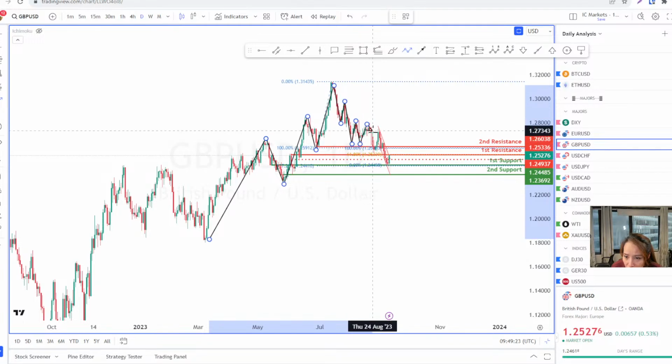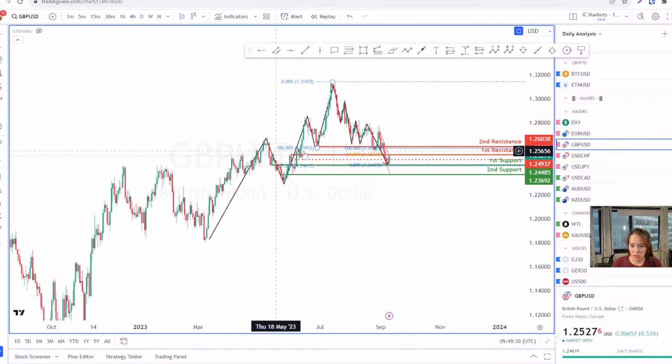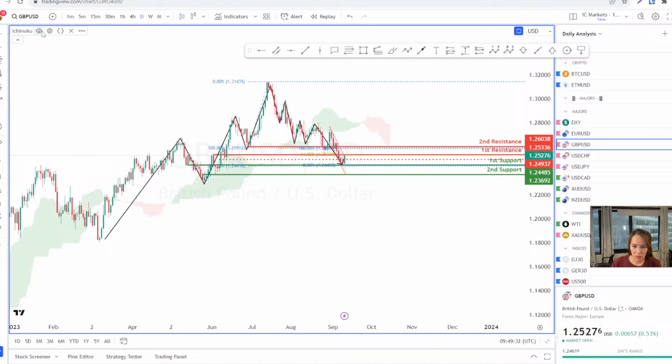And then it broke this low. So I think that's changing momentum from uptrend to downtrend.